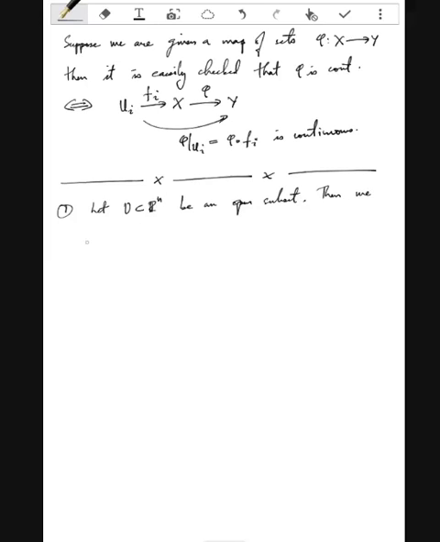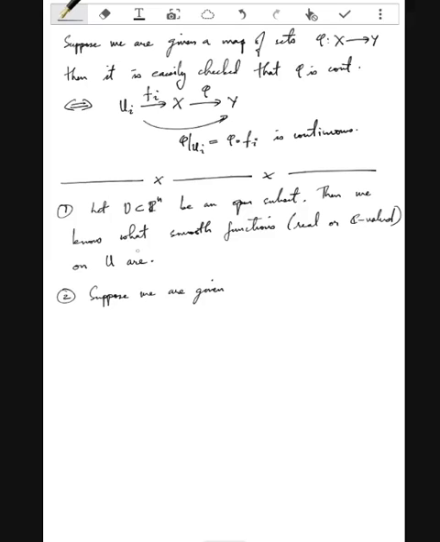Then we know what smooth functions, real or complex valued, on U are. So we will assume that we know this definition, as it is a prerequisite for this course.